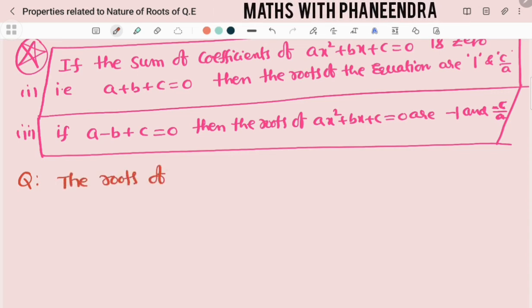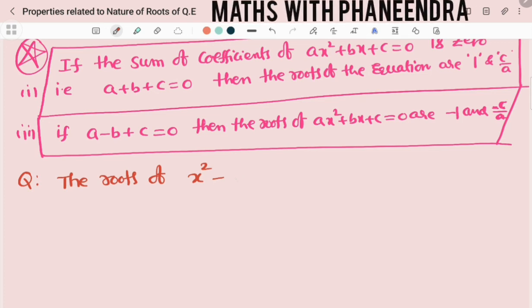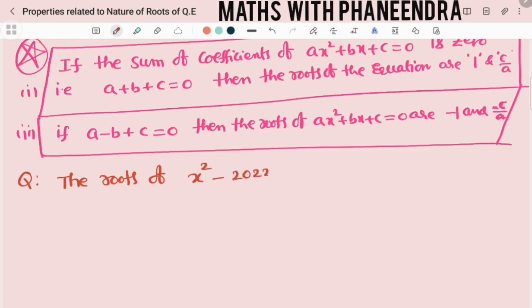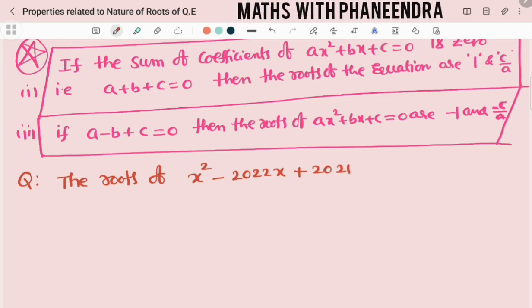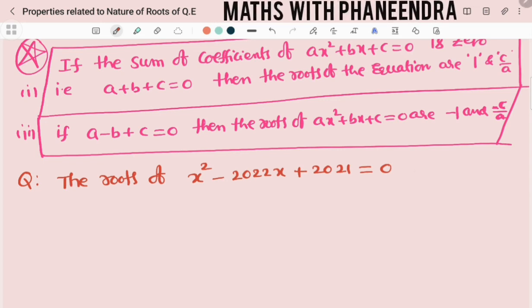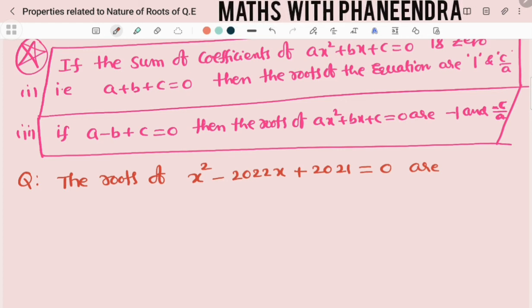The roots of x square minus 2022x plus 2021 is equal to 0. This one we can see here.